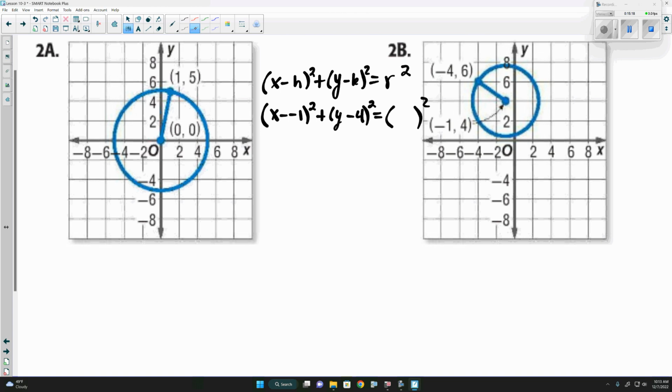Now we just need to use the distance formula to find the radius. So our two x values are, well, -4 minus -1, plus our two y values are 6 minus 4. And again, at this point, we can type this into the calculator and let it do it for us.